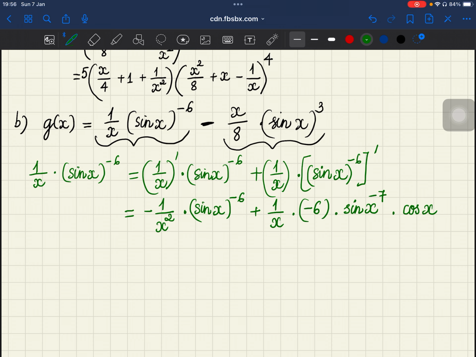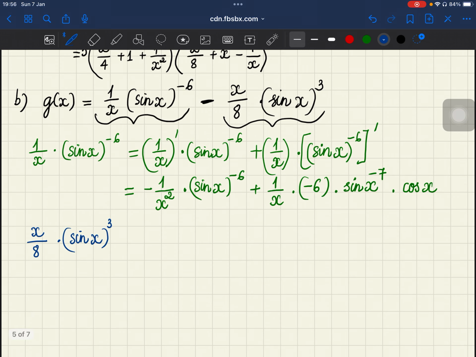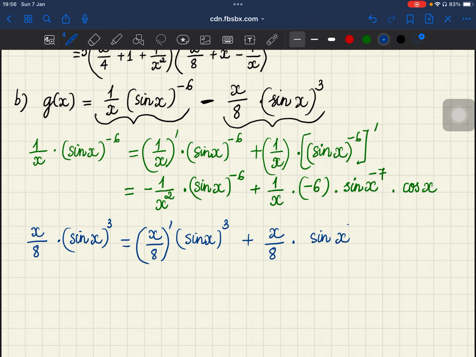and the second part, x over 8 multiplied by sine x to the power 3. Similarly, we apply the product rule. So we will have the first derivative of x over 8 times sine x to the power 3, plus x over 8 multiplied by the first derivative of sine x to the power 3.